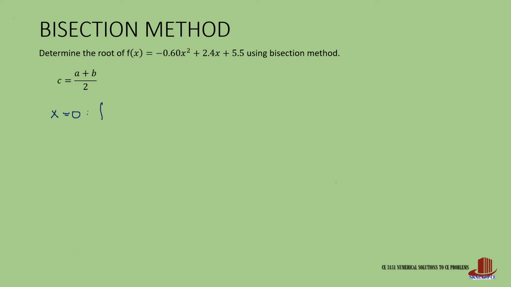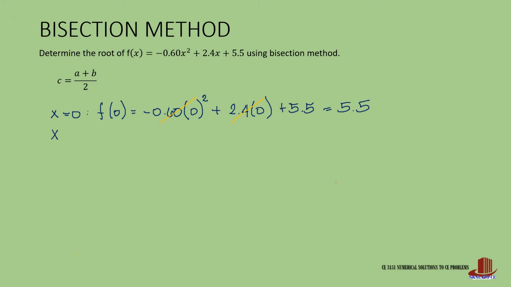By plugging this value into the function, we get f of 0 is equal to negative 0.6 multiplied by 0 squared plus 2.4 times 0 plus 5.5. Since the first and the second terms would be 0, then with x equal to 0, we have f of x equal to 5.5.